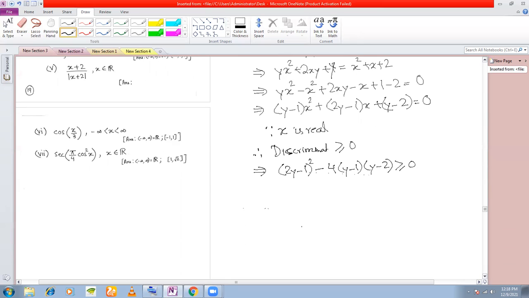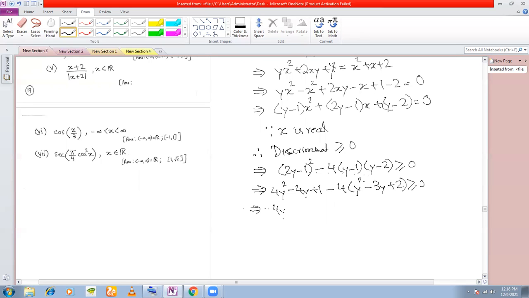Now we want to solve this inequality. Just as we were doing in quadratic theory, we have 4y square minus 4y plus 1 minus 4 times, if you multiply here, you get y square minus 3y plus 2, greater than or equal to 0.